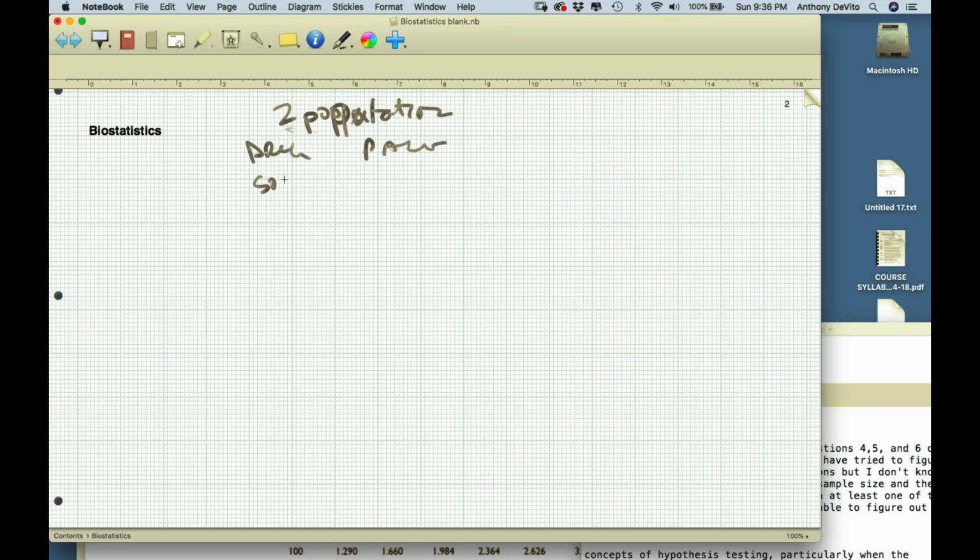People who have an exposure, like smokers versus non-smokers. People who have been exposed to asbestos versus people who are not exposed to asbestos, and so forth. So very frequently I'm going to have two groups, and I want to compare those two groups.